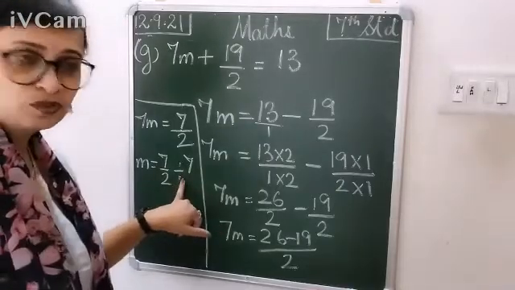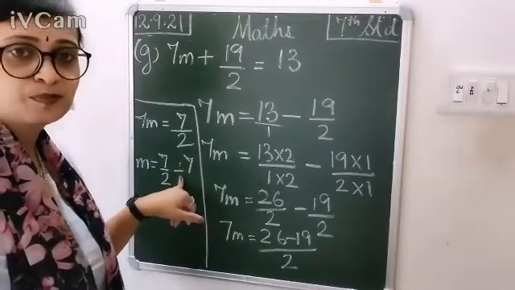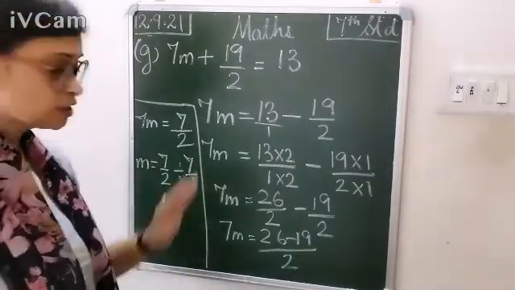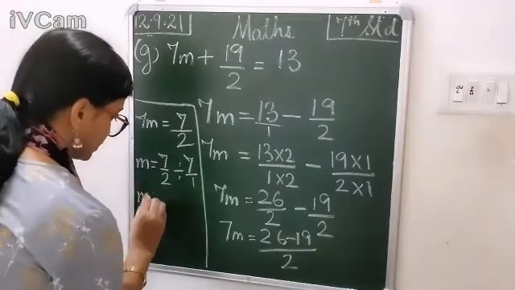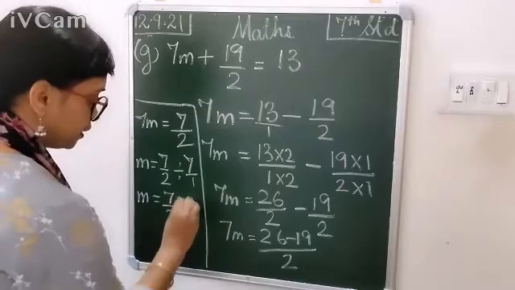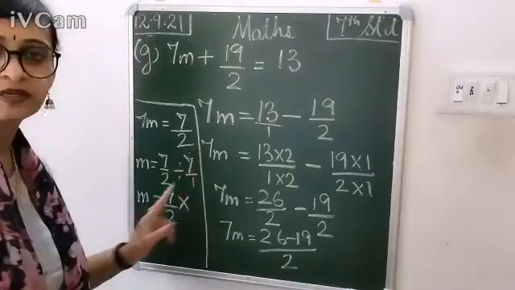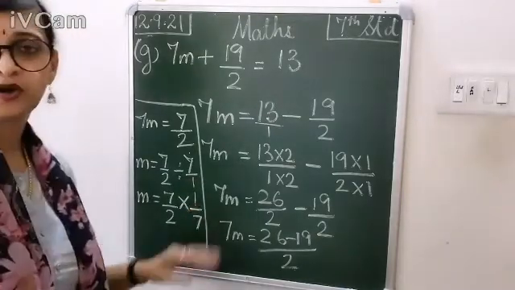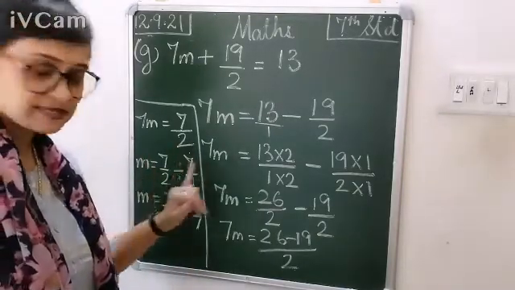Now, when you change this to multiplication, this can also be written as 7 by 1. So when you change this to multiplication, you will say m is equal to 7 by 2 will remain the same into, you will write the reciprocal of 7 by 1, which is 1 by 7. Remember 7 can also be written as 7 by 1.